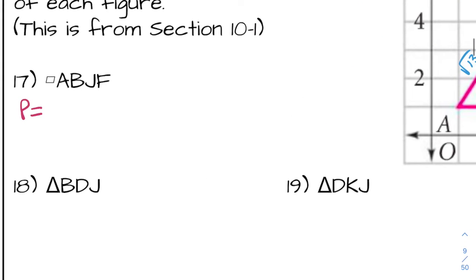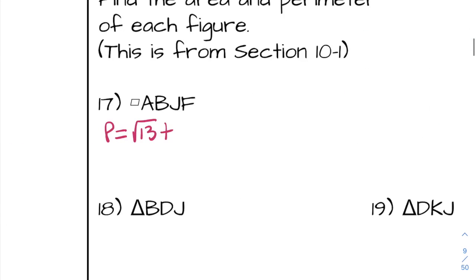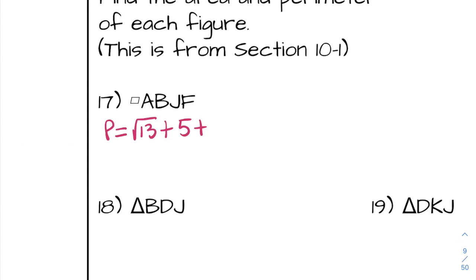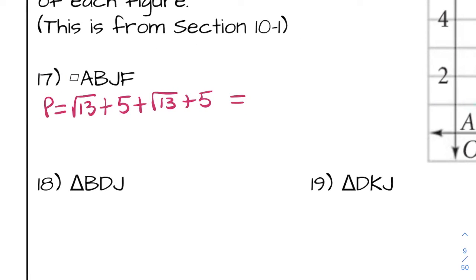So perimeter is square root of 13 plus 1, 2, 3, 4, 5. So it's that twice. So it's 5 plus the square root of 13 plus 5. So the perimeter equals 10 plus 2 square root of 13.